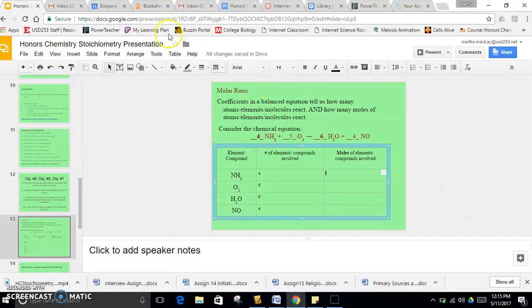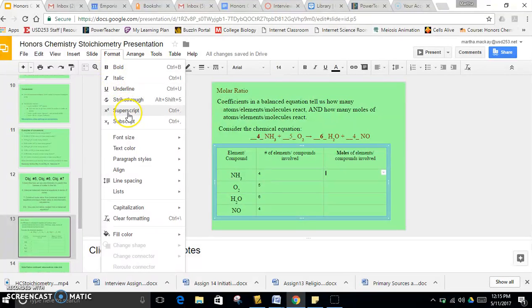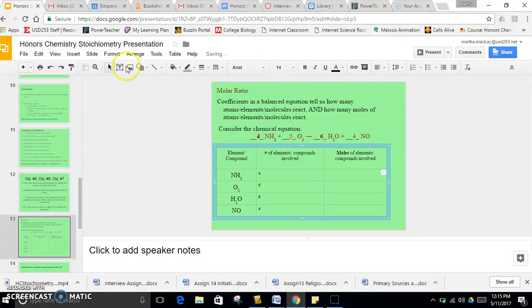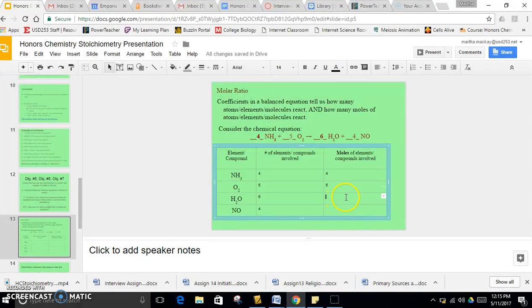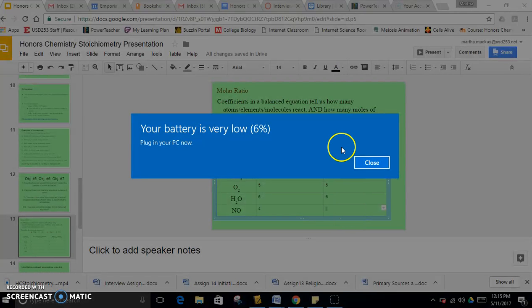If I think in terms of moles, the same numbers apply. This could be read as 4 moles of NH3 reacts with 5 moles of oxygen to produce 6 moles of water and 4 moles of NO.